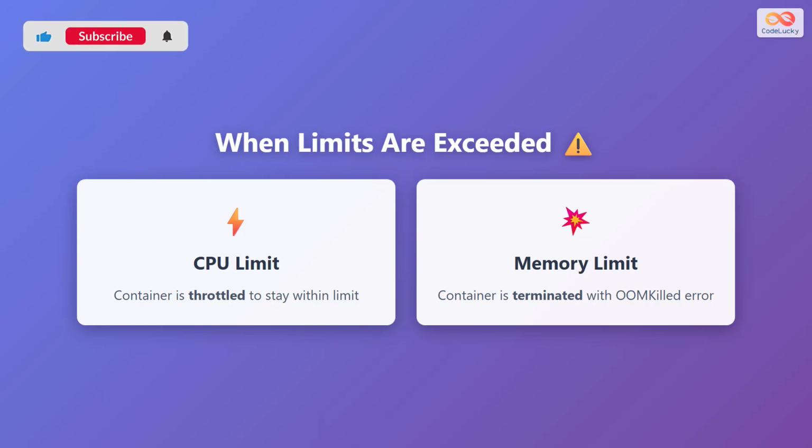When a container exceeds its memory limit, Kubernetes terminates the container immediately with an out-of-memory-killed error, commonly abbreviated as OOMKilled. The container is forcefully stopped to prevent it from consuming memory needed by other applications. This difference in behavior is important when designing your applications and setting appropriate limits.